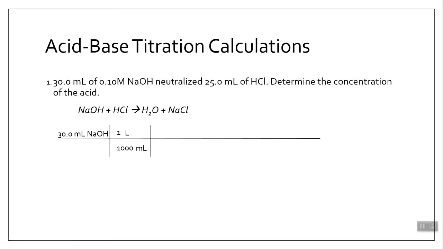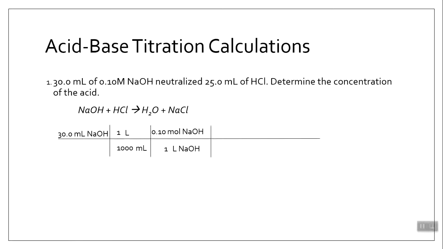So now that we have converted our volume of sodium hydroxide to liters, we're going to go ahead and now use the molarity. So we're going to copy down liters, and we're going to put moles on top, and this right here is our molarity of the sodium hydroxide. So it's 0.10 moles per liter. So remember how you plug that in? 0.10 moles over 1 liter. Okay?